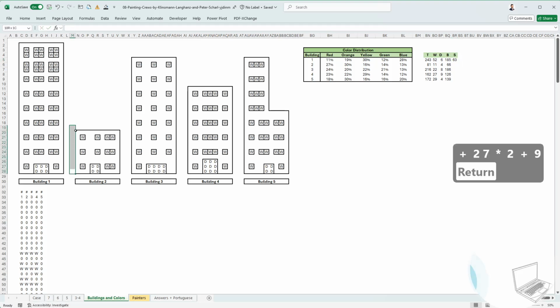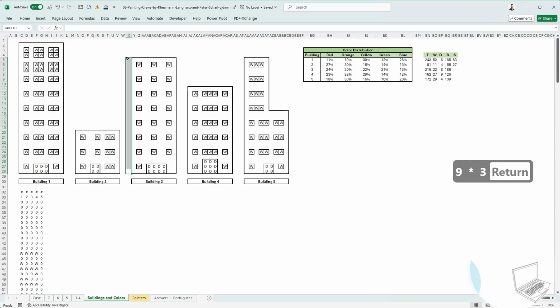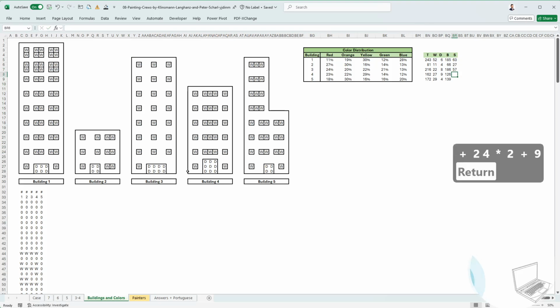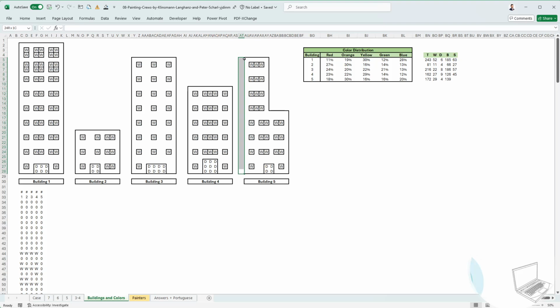For building 2 it will be 9 times 3. For building 3 it will be 24 times 2 plus 9. For building 4 we will have 18 plus 9, and here we will have 24.